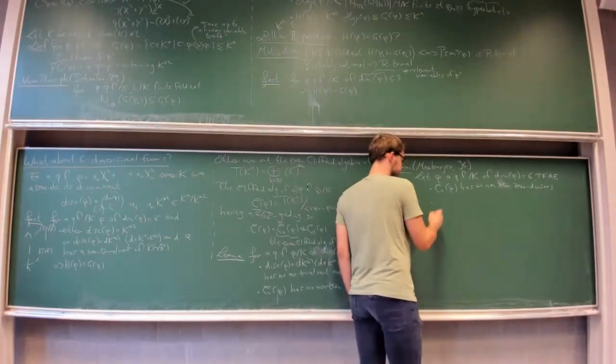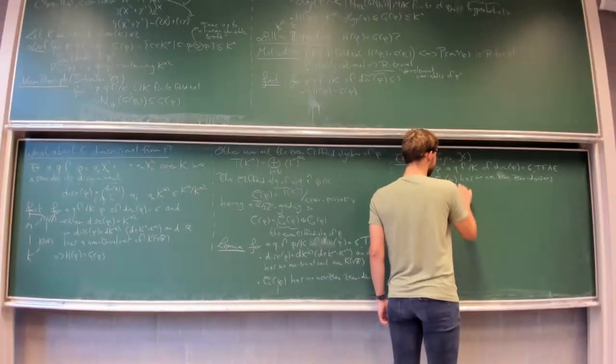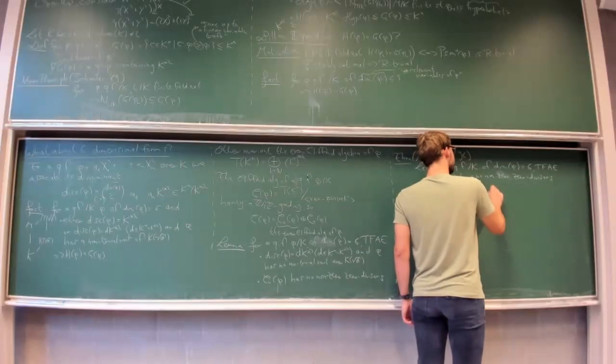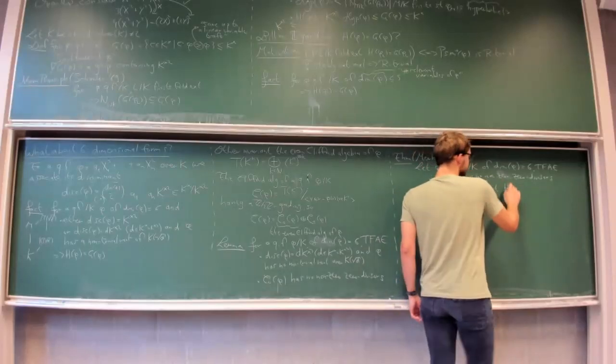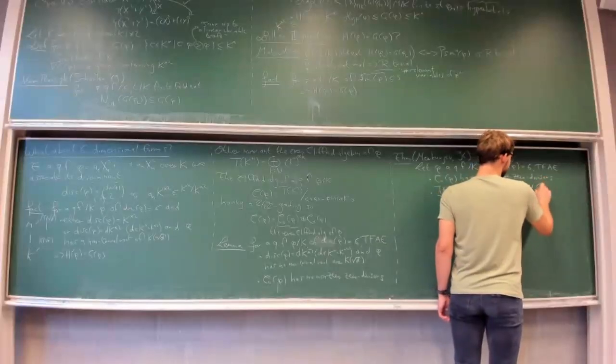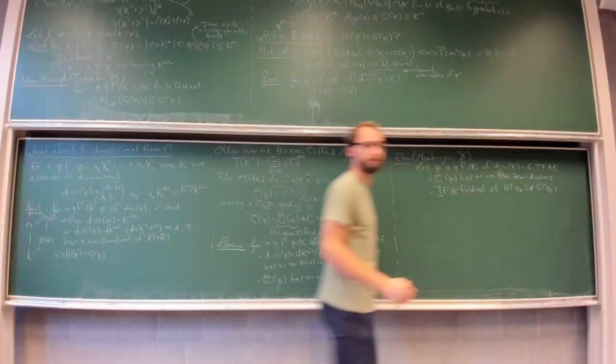This is equivalent to, as it turns out by Merkurjev, the existence of some field extension F over K such that h of phi over F turns out to be not equal to g of phi over F.